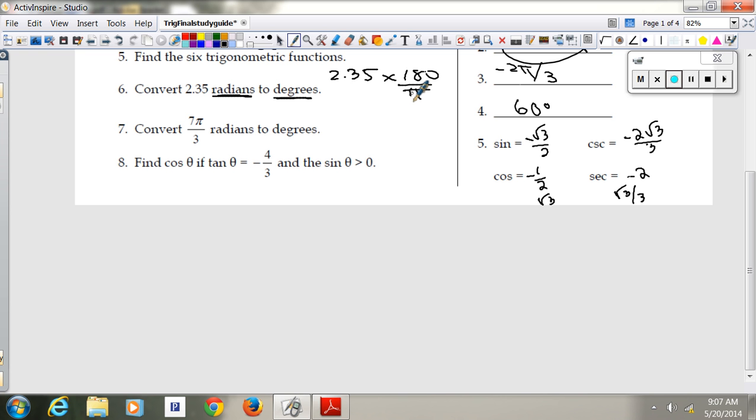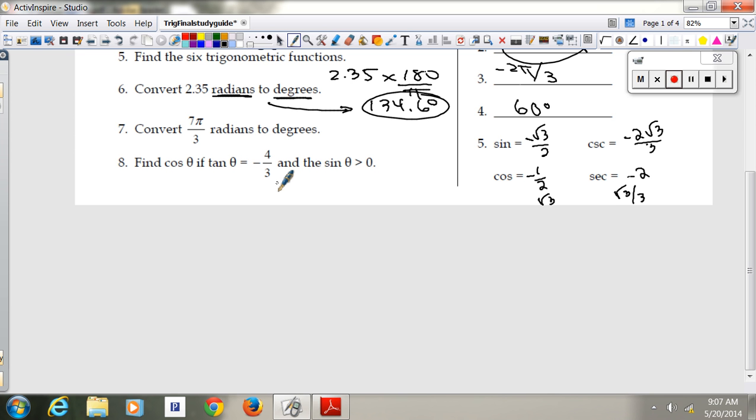So in your calculator, you'll simply take 2.35 times 180, equals, divide by pi, equals, and you get 134.6. 134.6 degrees would be number 6.